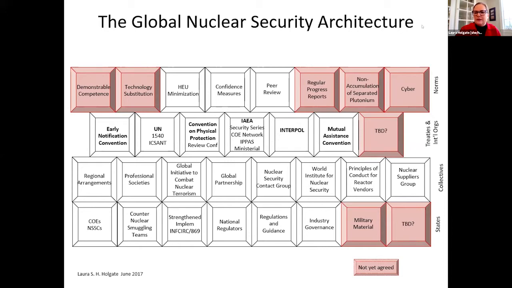Some of the collectives of government include the Global Partnership Against the Spread of Weapons and Materials of Mass Destruction, also the Global Initiative to Combat Nuclear Terrorism, the Nuclear Security Contact Group, which is a group of countries that are seeking to continue to implement and advocate for the outcomes of the Nuclear Security Summit process. Also the Nuclear Suppliers Group, and some regional, bilateral and regional cooperative arrangements also fall into this area.